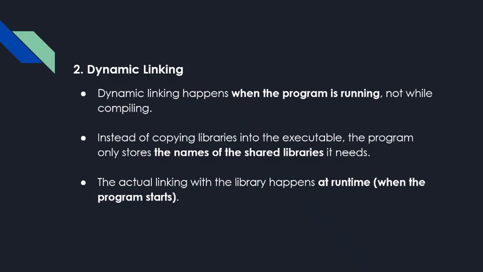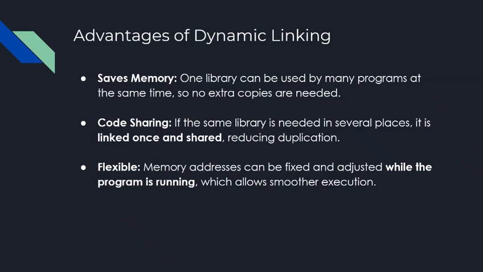That is, dynamic linking keeps executable files lighter and saves memory. There are several benefits of dynamic linking. The first one is memory efficiency, and it is called memory efficient because multiple programs can use one copy of a library instead of each having a separate one.